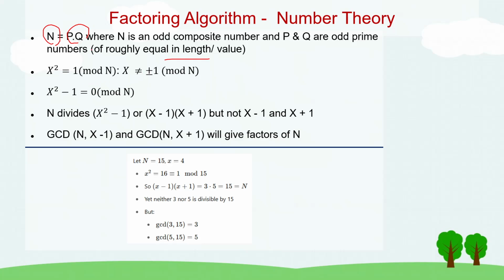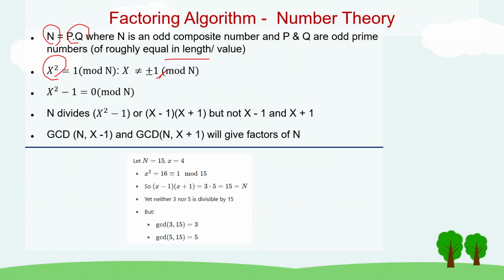But still you can do the factoring by guessing some number x. If you are able to guess some number x, where x square divided by n gives a remainder 1, then you got the answer. Of course, there is a condition that n should not divide x minus 1 or x plus 1.